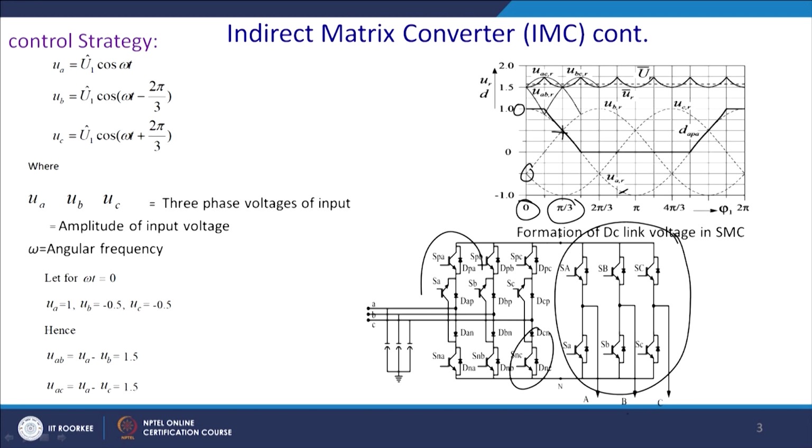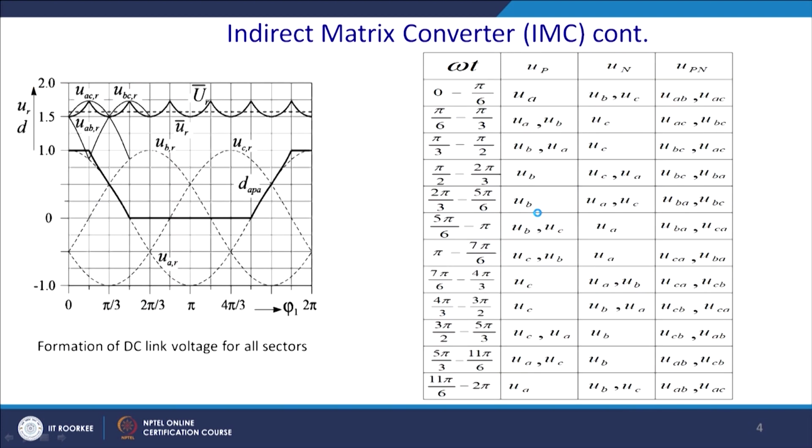Then C continues to go down, and thus your voltage will increase and it will change over at the point of 60 degree from the 0 crossing, but here the 0 crossing starts at an instant of pi by 2. So, this is the sequence in which you will switch it on. This is the upper leg and this is the lower leg.